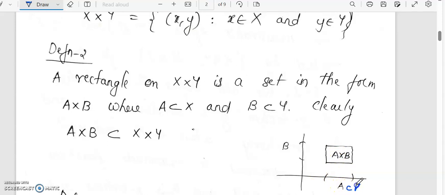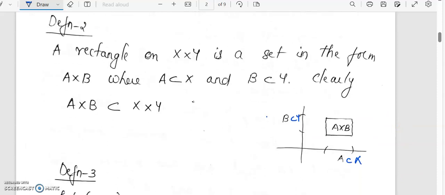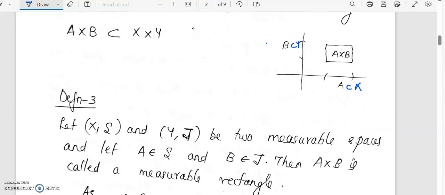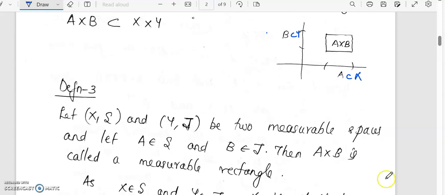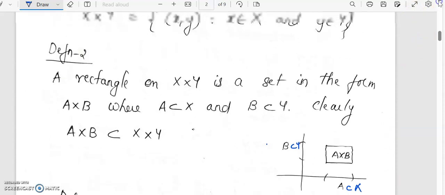So A cross B is this rectangle. You take any subset of X and any subset of Y, then A cross B is called a rectangle on X cross Y, and clearly A cross B will be contained in X cross Y. This is the definition of a rectangle.